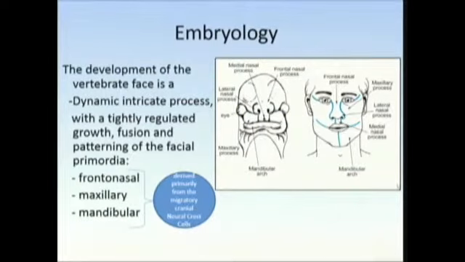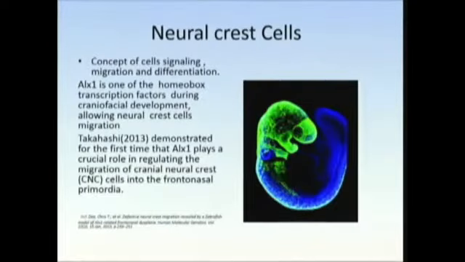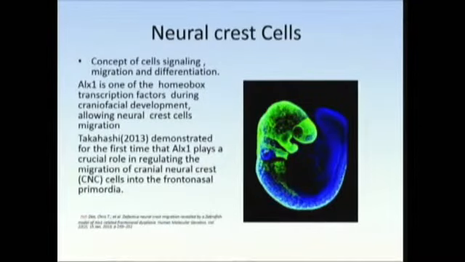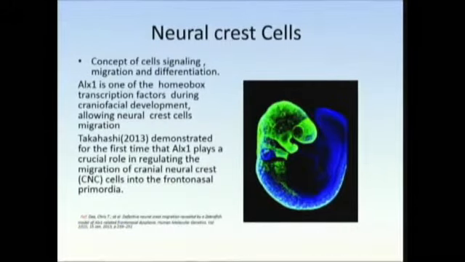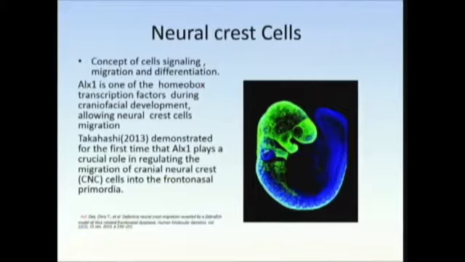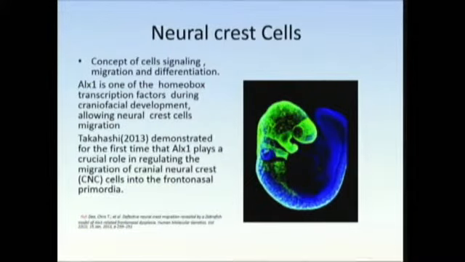Now, all of this, what we're talking about, is derived from the migratory cranial neural crest cells. And if you look at the neural crest cells, in the very beginning, they will be formed and will go all the way until the lower part of the spinal column, the spinal cord, neurologically. So you will have neurocrestopathies that affect all of these structures as you go. We are talking only about the upper part.